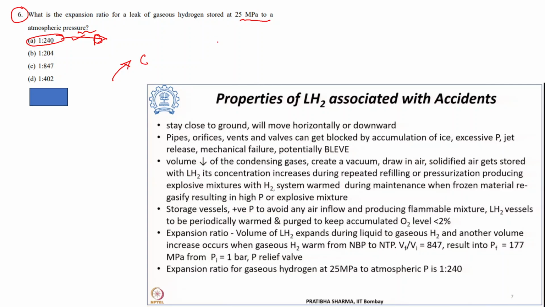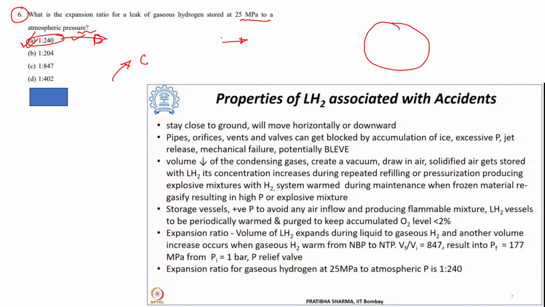If 1 liter of gaseous hydrogen leaks, it will occupy 240 liters of space. This means a large contamination of the area by hydrogen, and large contamination is always dangerous. Large contamination means large risk is associated here. So that's why this volume is important, and we should avoid the leaking of hydrogen.